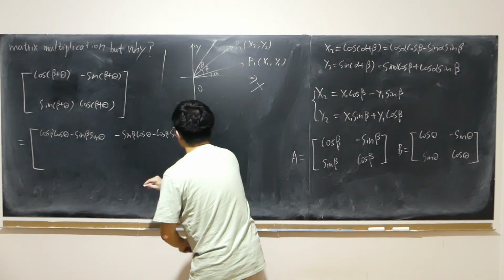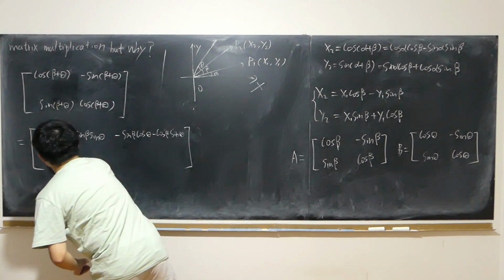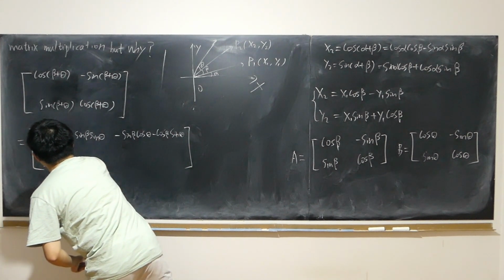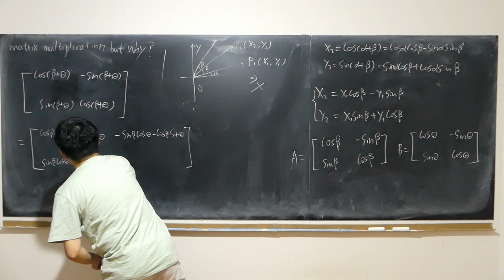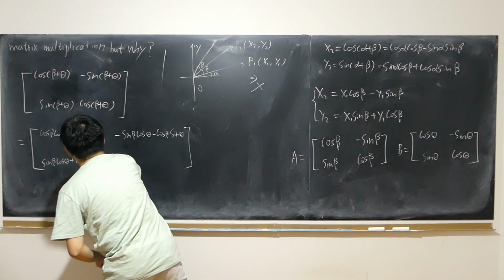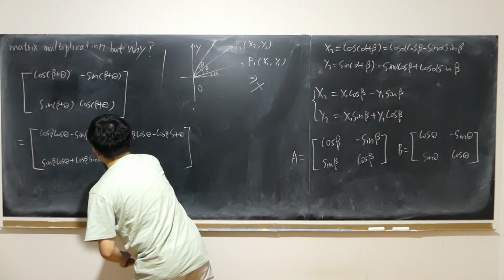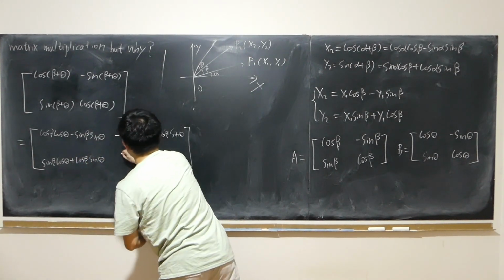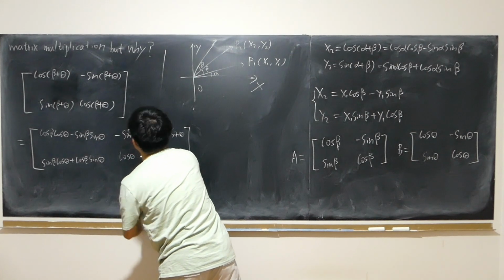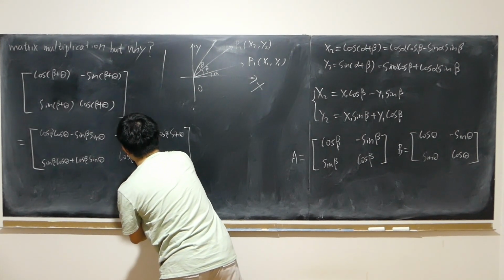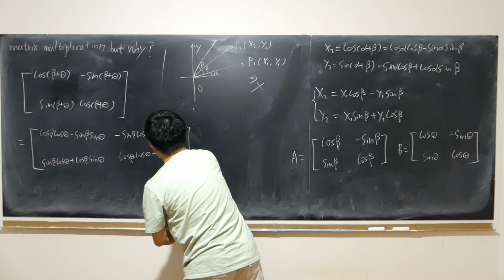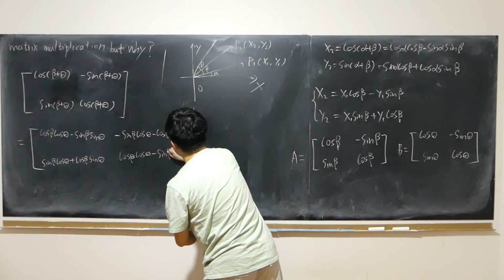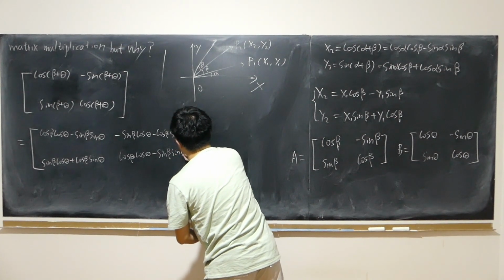The next entry is sine beta cosine theta plus cosine beta sine theta. And this one is cosine beta cosine theta minus sine beta sine theta.